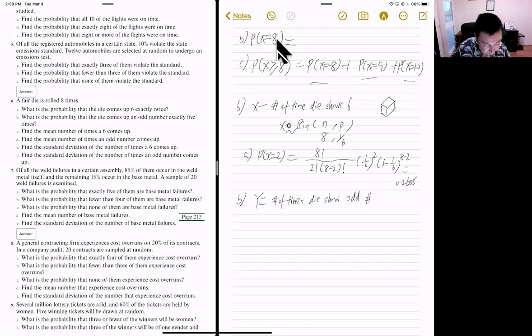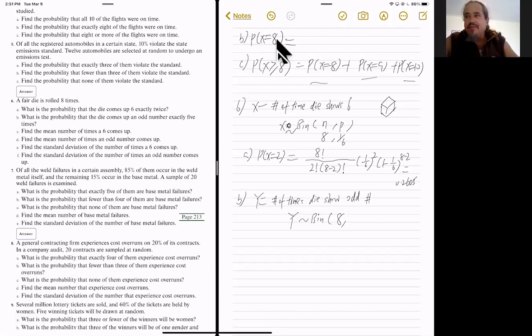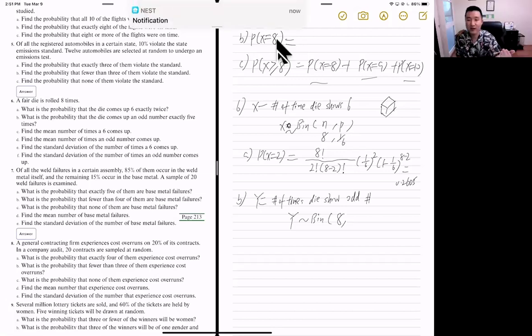So y will follow again a binomial distribution. N is 8. So what is the chance it shows an odd number for the die? What is P here? Anybody want to have a guess? It's very straightforward. For a fair die, the probability the die shows an odd number, odd number is 1, 3, 5.